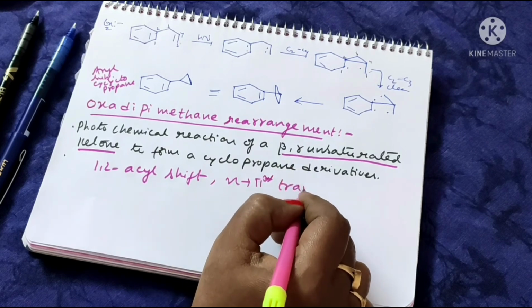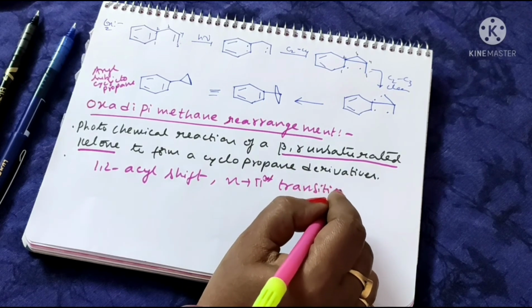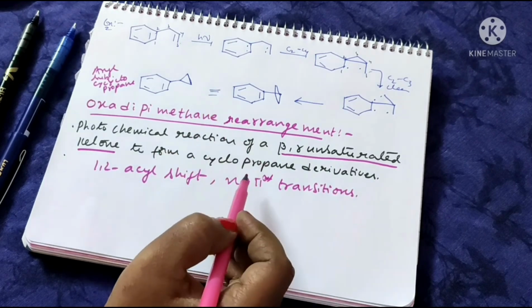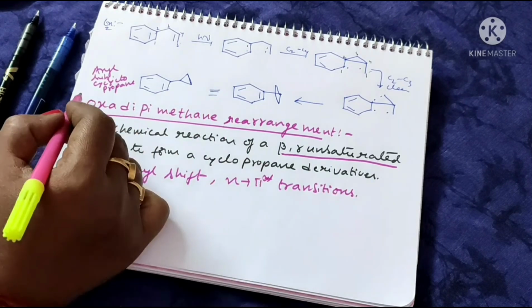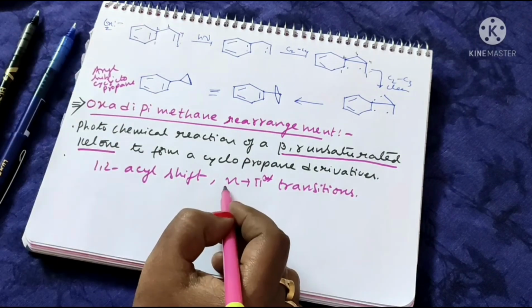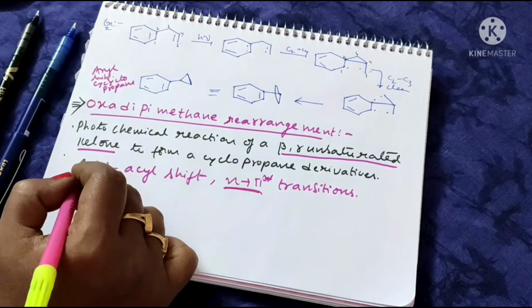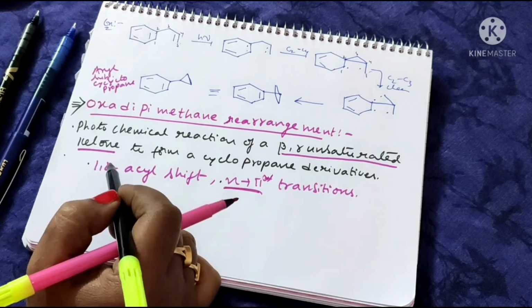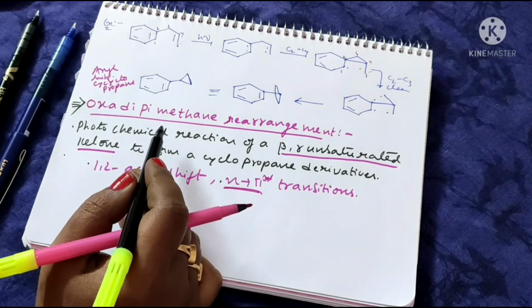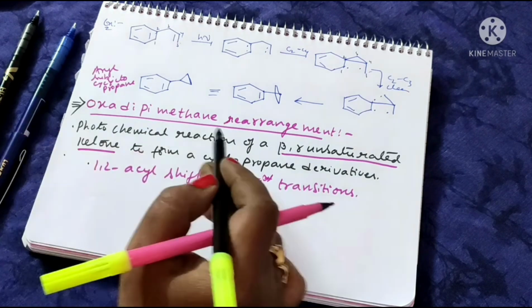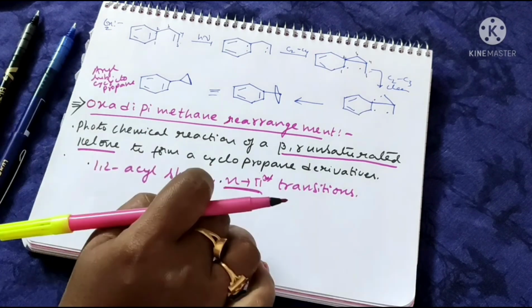So in di-pi-methane rearrangement, a pi to pi star transition takes place, whereas in oxa-di-pi-methane rearrangement, an n to pi star transition takes place. The next characteristic is that a 1,2 acyl shift occurs in oxa-di-pi-methane rearrangement. So here again the products are cyclopropane derivatives.